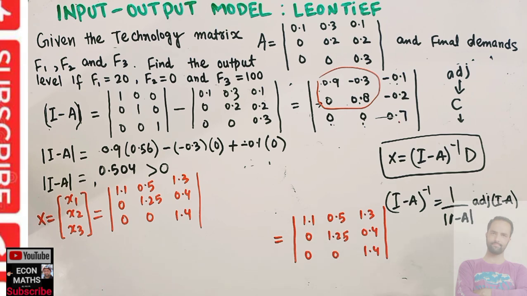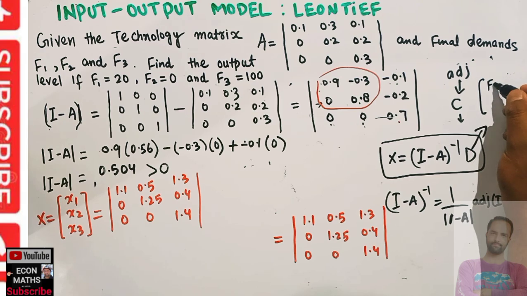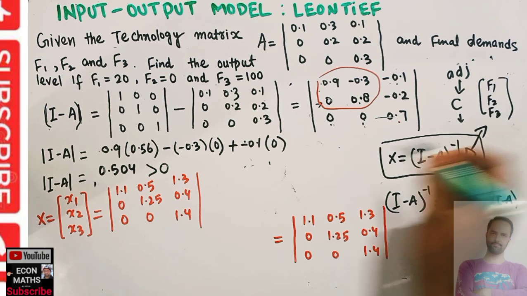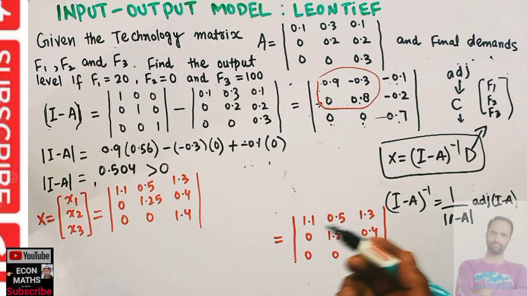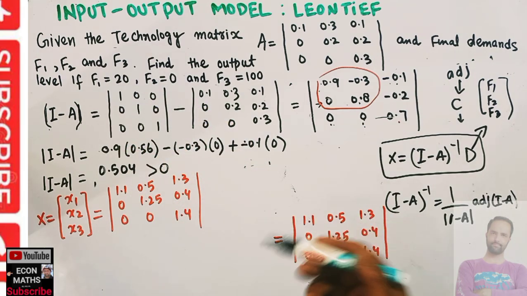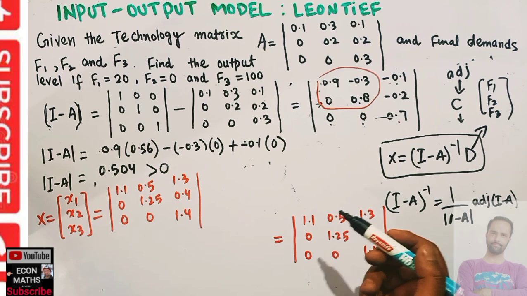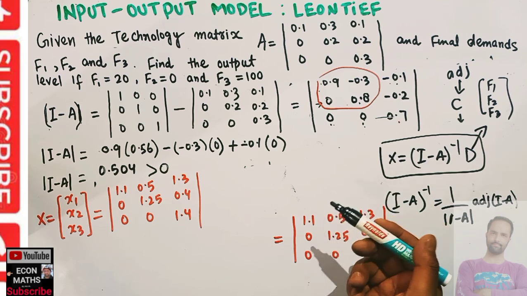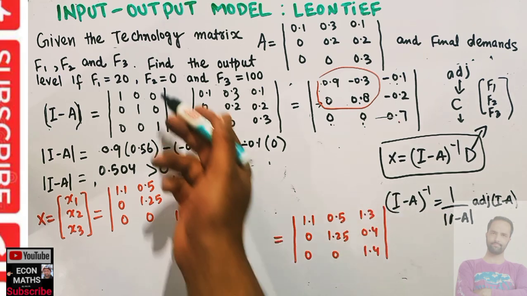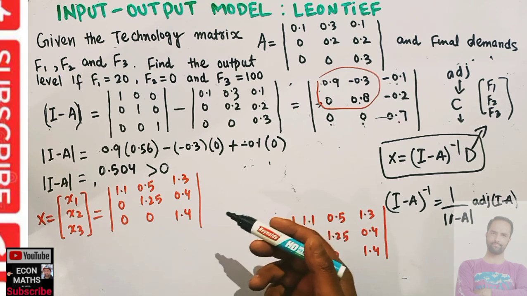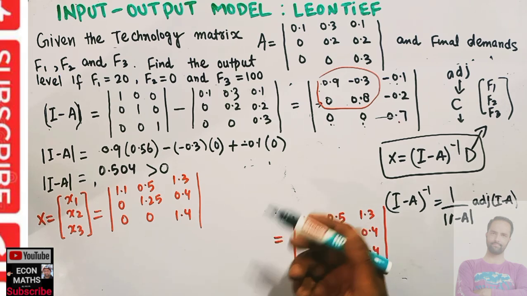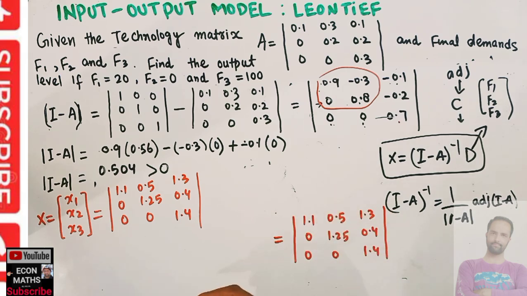Okay, so this d denotes our final demand, that is f1, f2, f3, and our f2 is 0.